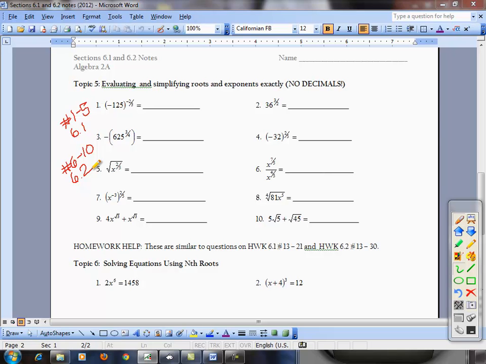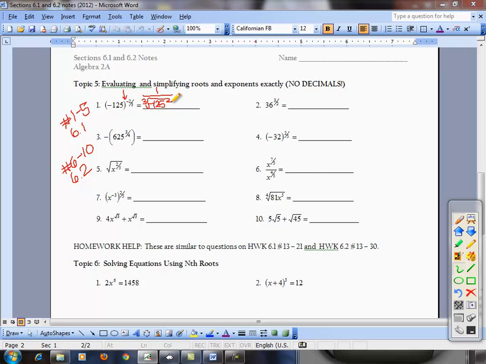Let's start by rewriting like we did on the front. This negative exponent here says that I'm going to have a fraction. So I'm going to have 1 over, and then I look at this denominator, the cube root of negative 125 squared. Now let's talk about how to do this first. Is it easier to take the cube root of 125 or to square 125 without the use of your calculator?